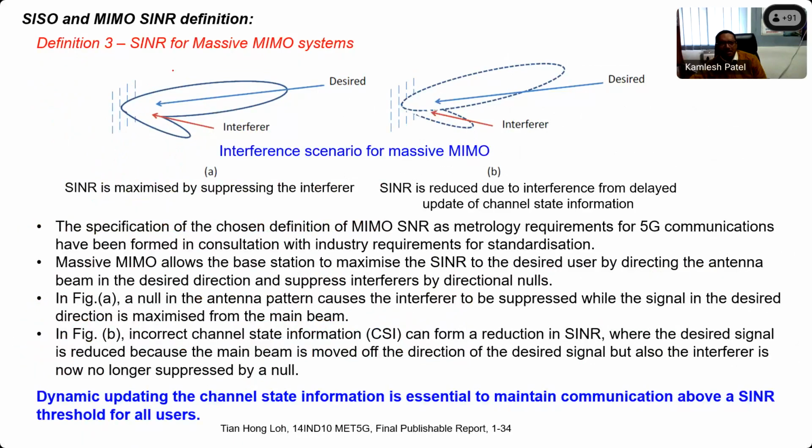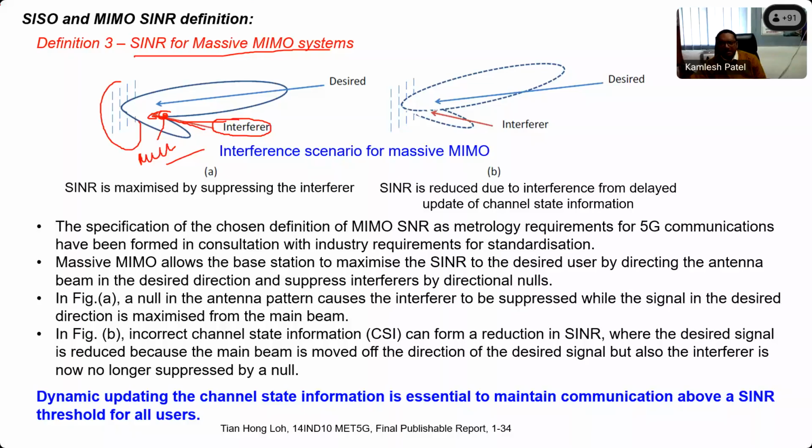The third definition is taking care of the massive MIMO system, where we are assuming the interference signal is coming at the null point of the radiation. This point represents the null point where the amplitude of the transmitting signal is very small. So if any signal comes in this null point region, there will be no reception by the massive MIMO.